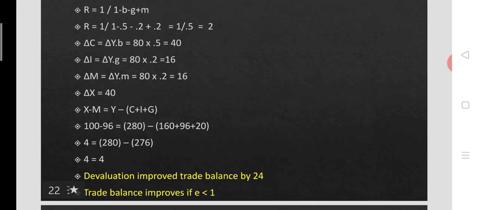If it is less than 1, devaluation will make better changes for the trade balance of the country. That means devaluation will improve the trade balance when the marginal propensity to absorb is less than 1.